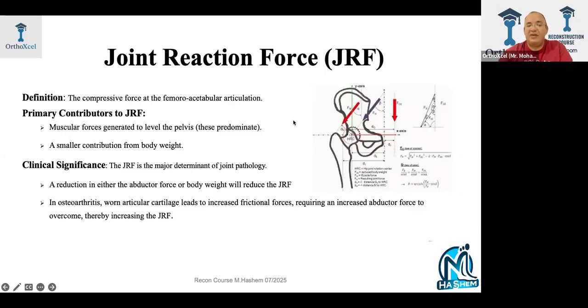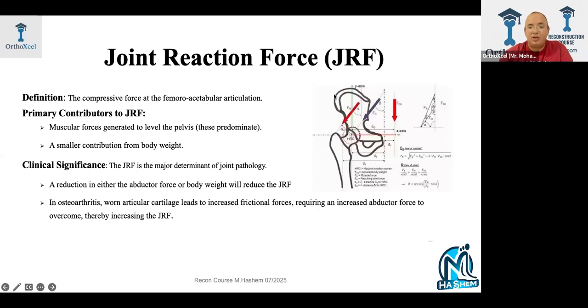So what's the clinical significance of that? This joint reaction force is the actual force that the normal joint is facing. So when I put in a total hip replacement, I need to understand how much joint reaction force will go through my total hip, because this gives me an idea how much it will withstand before it fails, and how I can maintain its longevity.